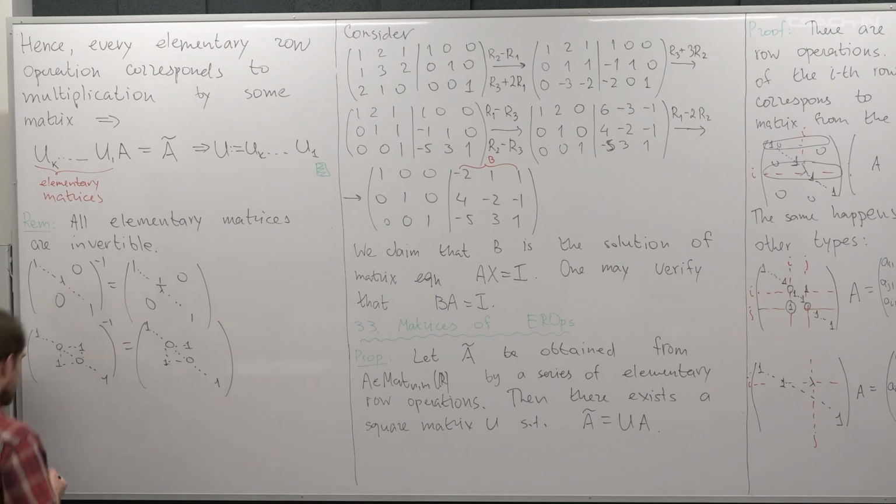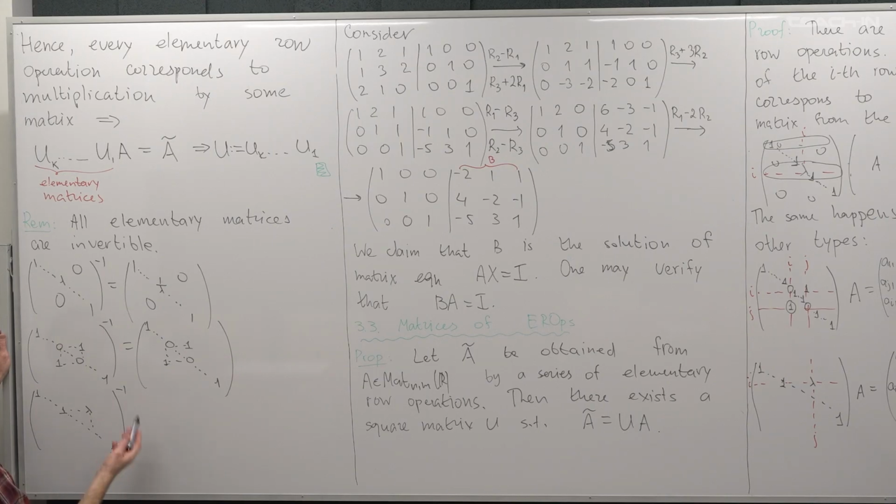And so what do we need to do in order to invert an elementary row operation of the third type? Here we have 1 everywhere on the diagonal, and in the ith row we have 1 and lambda on the jth position.